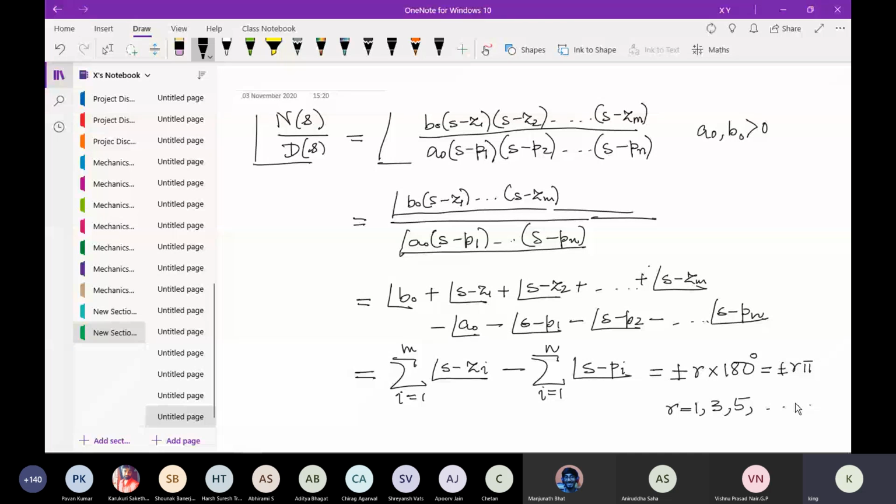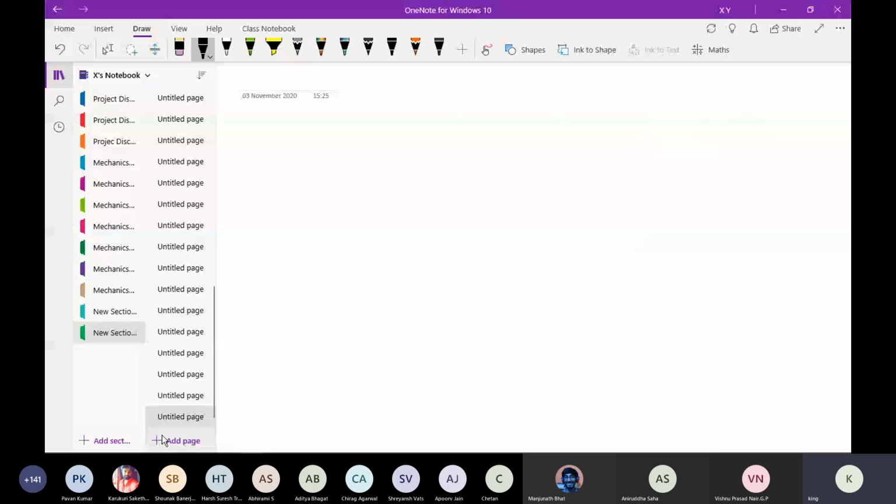So this is what you are going to get. And now let us see what this translates into when it comes to actually drawing the stuff.